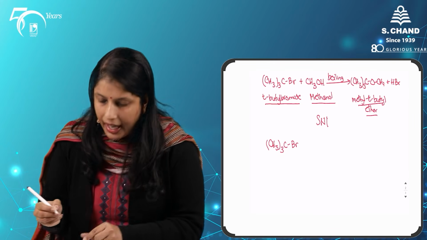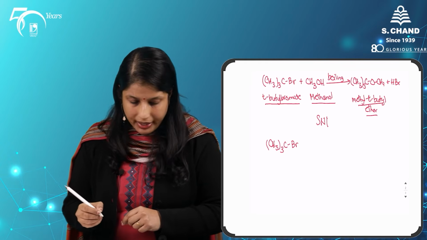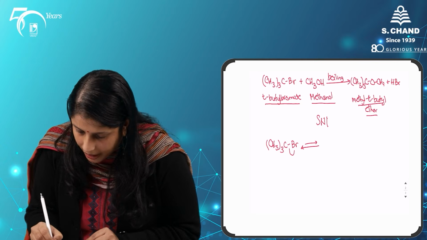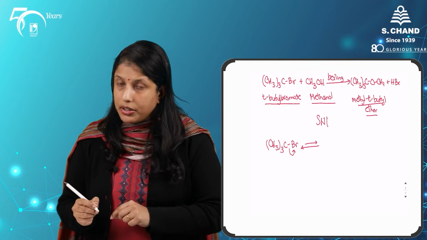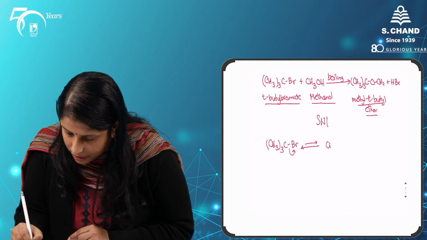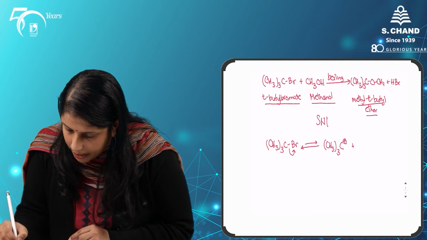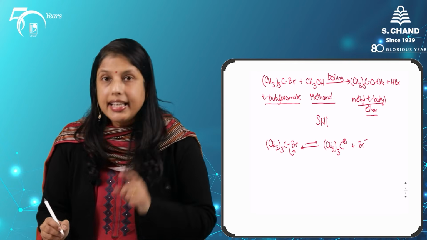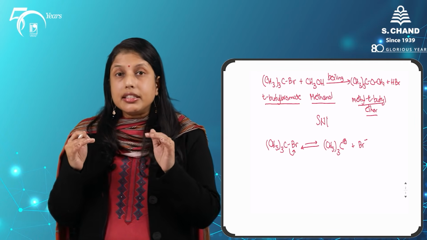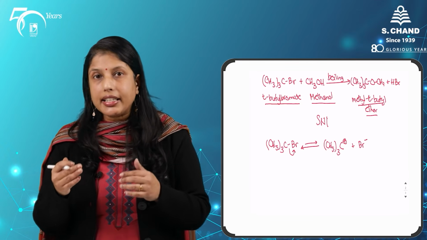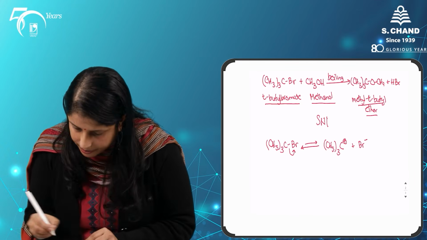So, I have my tertiary butyl bromide, and in the first step, there is a slow ionization with the loss of the halogen as the halide ion, and it leads to the formation of our stable tertiary carbocation. In the second step, this tertiary carbocation in a very fast reaction is attacked by our nucleophile.